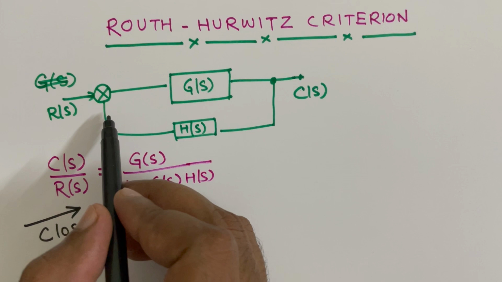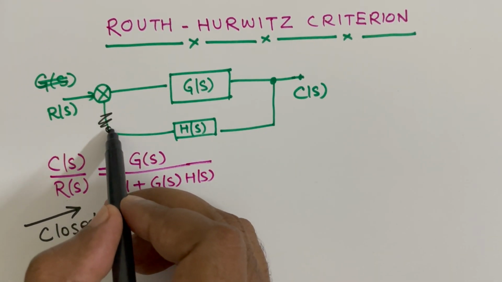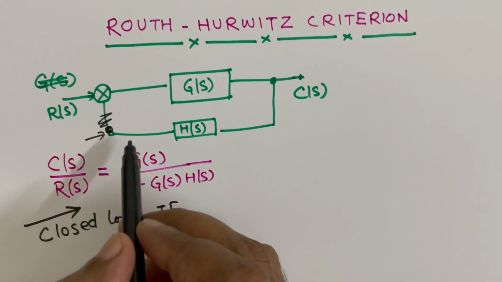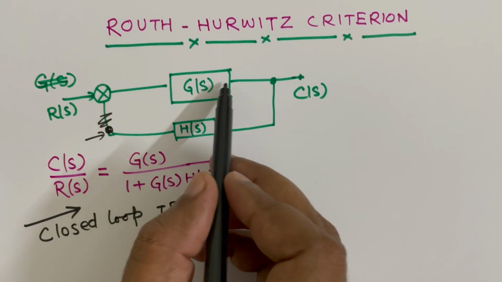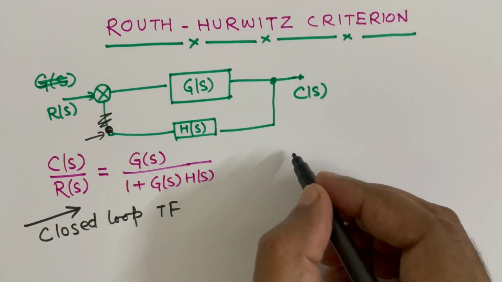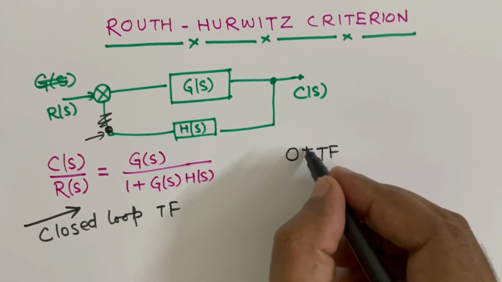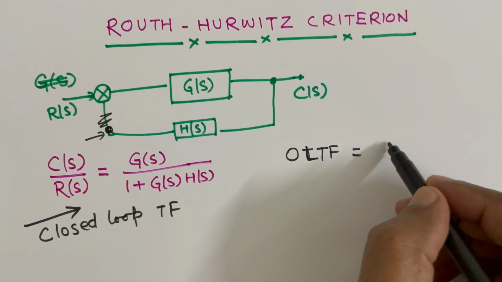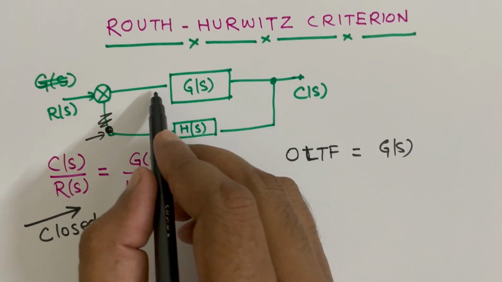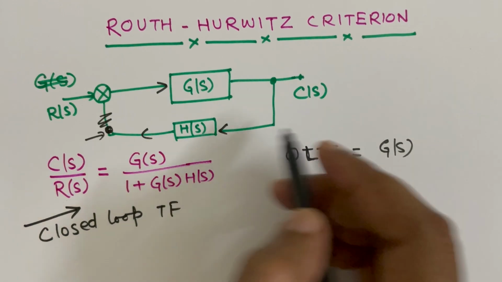Here, if you just disconnect this system from here and you take output over this point, then the output will be G(s) into H(s) while the system is open. So open loop transfer function is G(s) multiplied with H(s).